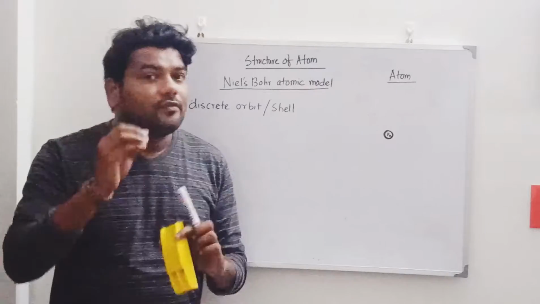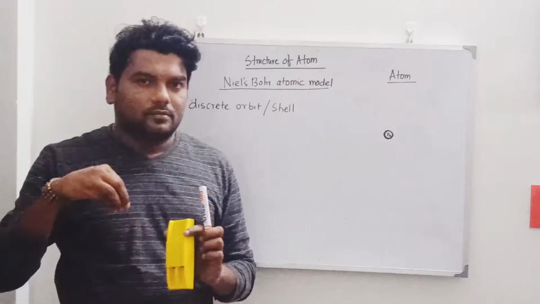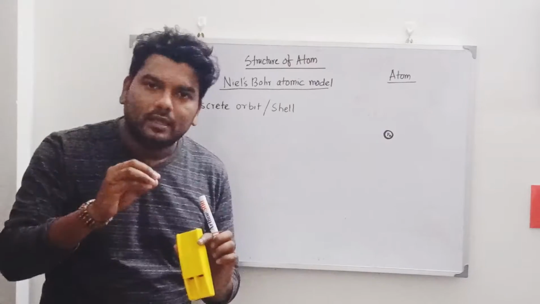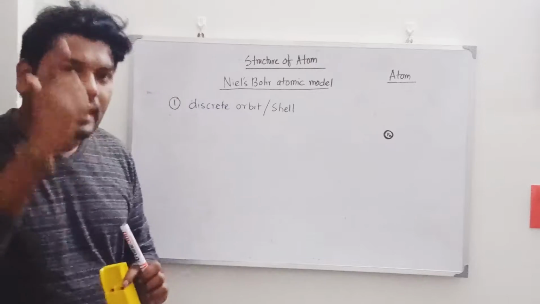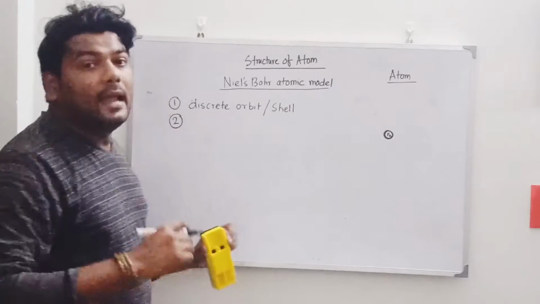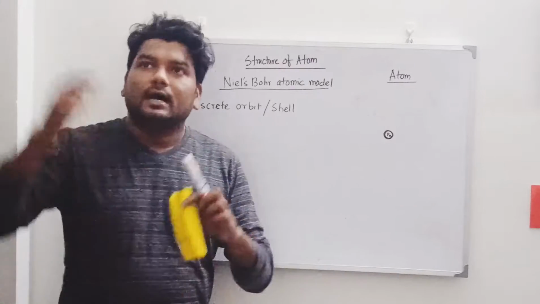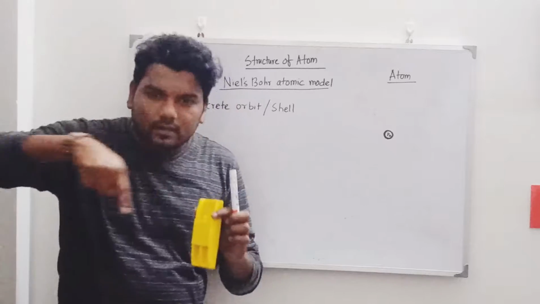This is specifically important for the electrons, which revolve in that particular orbit or shell in an atom.